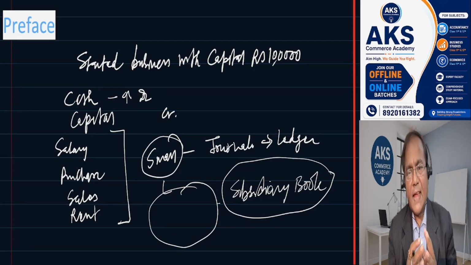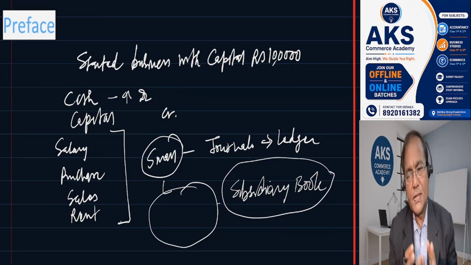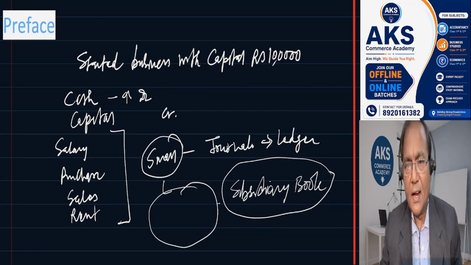Therefore, the scientific approach is to list certain transactions in the journal and put other transactions of similar nature in various books called subsidiary books. That is how the term subsidiary book has come up.